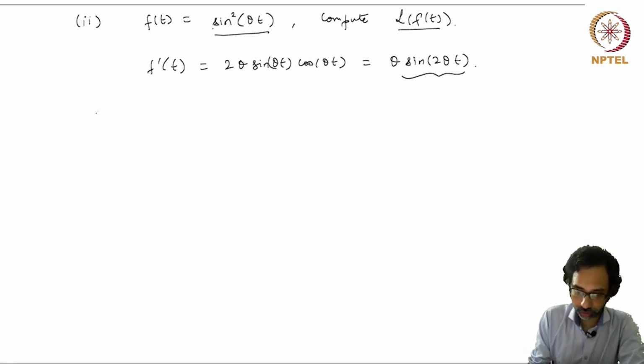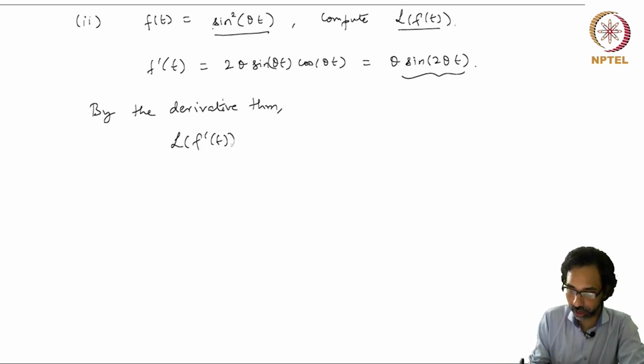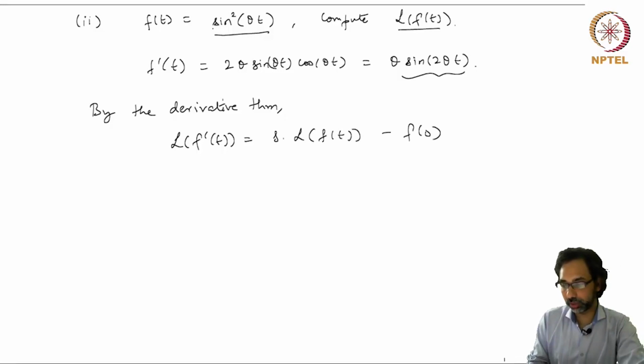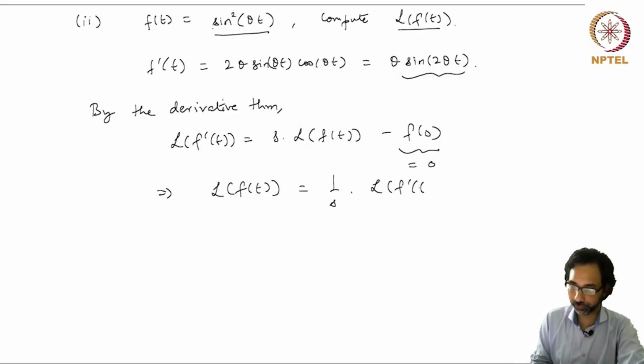So by the derivative theorem we have that the Laplace transform of f prime of t is s times the Laplace transform of f of t minus f of 0, but note that f of 0 is simply 0 because we have the sine squared function, and so we simply have s times L of f of t. So the Laplace transform of f of t is 1 over s times the Laplace transform of f prime of t.